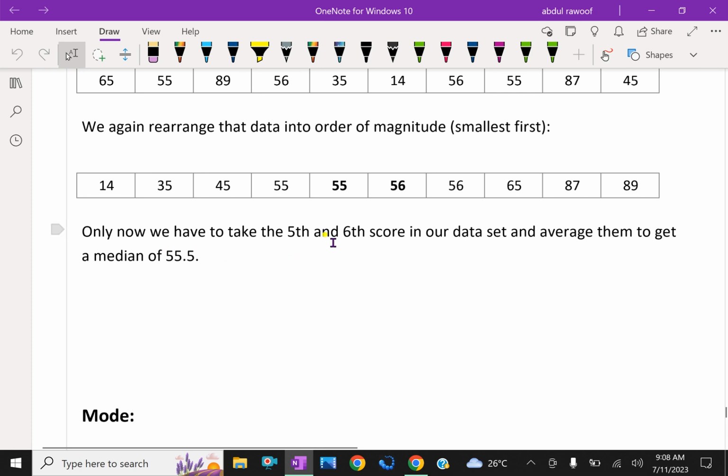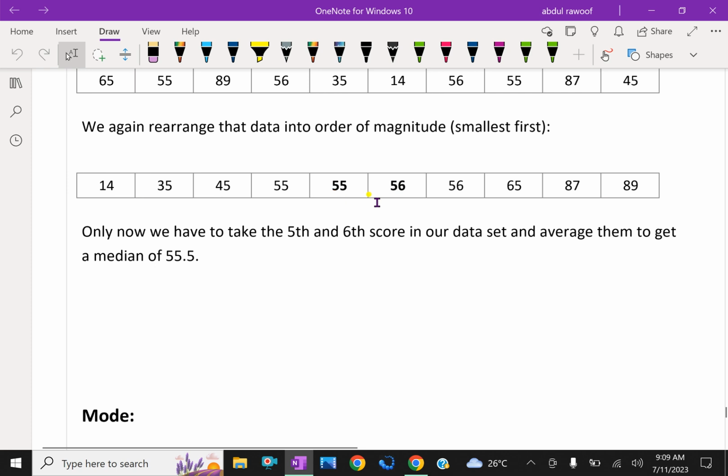Now the median we calculated is 56. Suppose here, look at this, the total data are 1, 2, 3, 4, 5, 6, 7, 8, 9, 10 data. The middle values here are two values, 55 and 56.